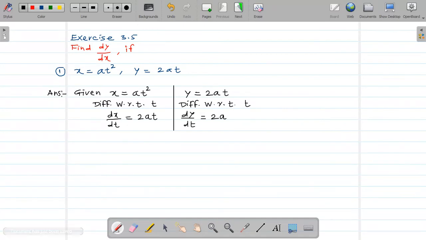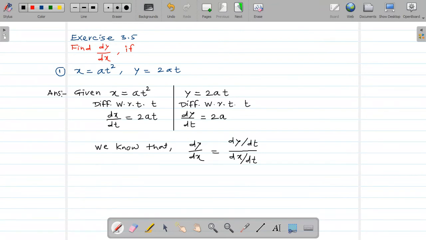Now we require dy by dx. So as per that result, as we know that dy by dx, how will you get dy by dx? It is dy by dt upon dx by dt.